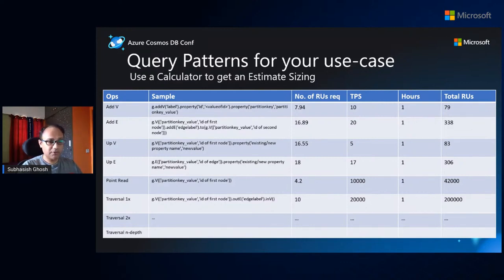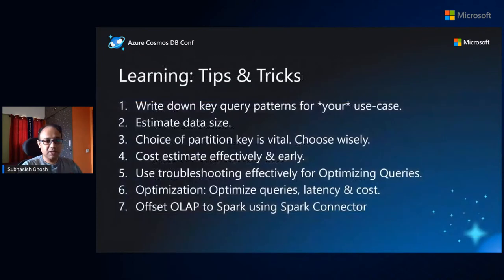And that's also one of the tips or design decisions, which is on the last slide I have, some of the key learnings that we optimized for and picked up as we built the use case. That is, we wrote down the key query patterns, we effectively estimated data size, we chose the partition key effectively, we tweaked a couple of pilots, we estimated effectively and early, very important, and then eventually optimized for query latency and cost.